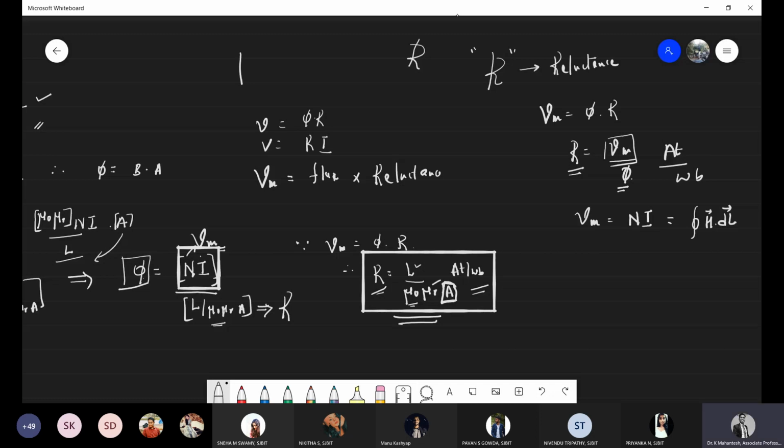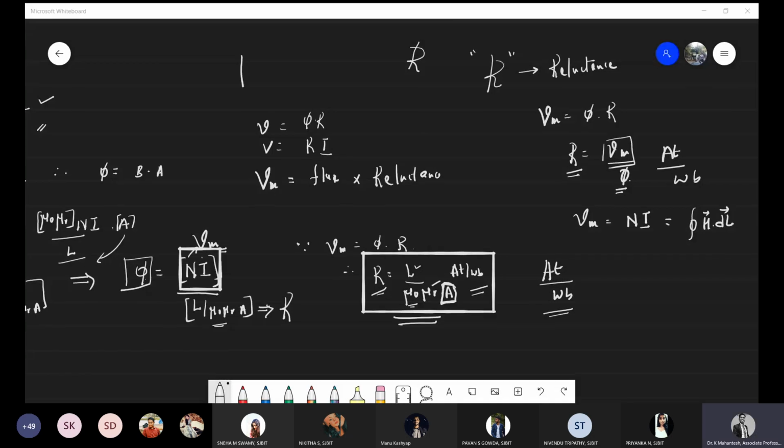Reluctance, and remember the unit. Unit is ampere turns per Weber. Any doubt?